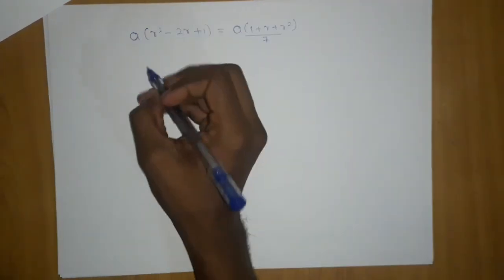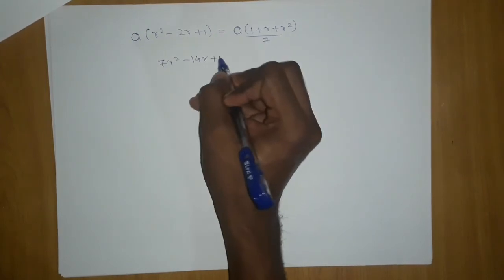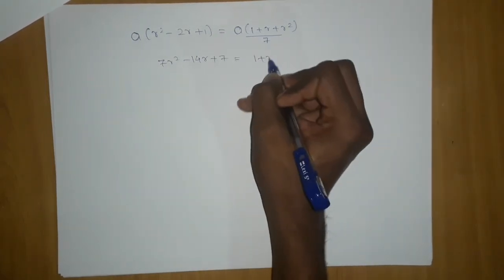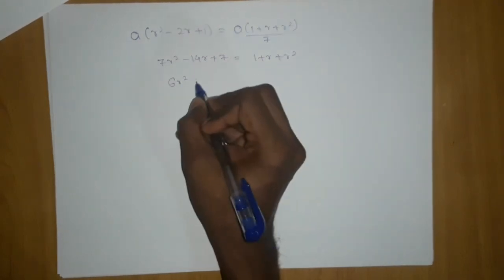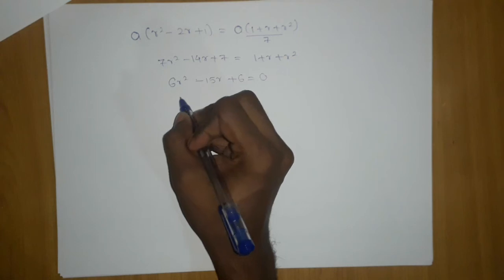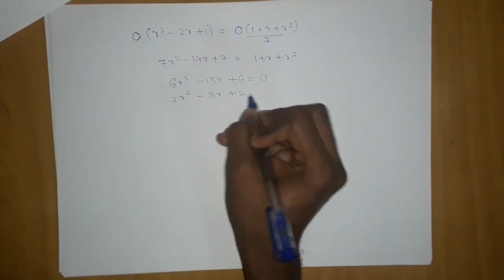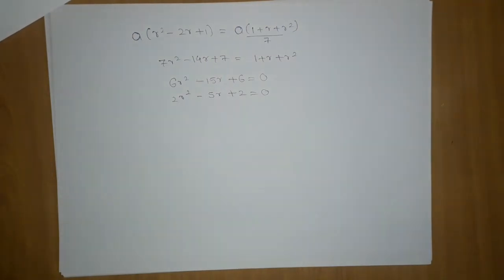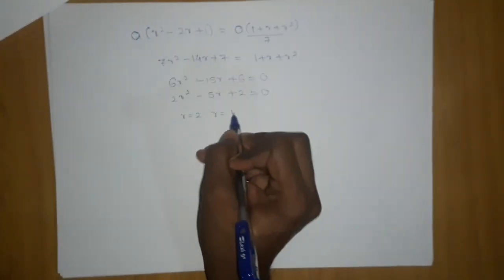So if I cancel it out, I get 7r square minus 14r plus 7 should be equal to 1 plus r square. If I move it, I get 6r square minus 15r plus 6 should be equal to 0. We get 2r square minus 5r plus 2 should be equal to 0. Dividing it by 3, we have r is equal to 2 and r is equal to 1 by 2.